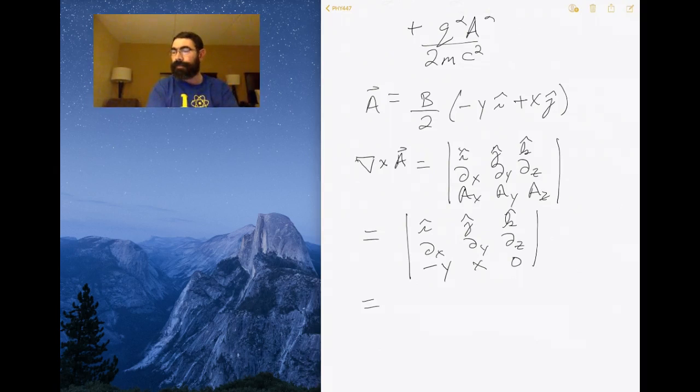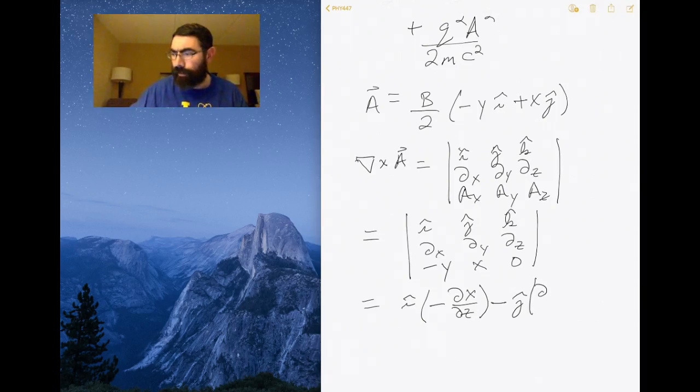So if we work that out, then in the i direction, we would have the derivative of y times 0, that's 0, minus the derivative of x in the z direction, minus in the j direction the derivative of y in the z direction, plus in the z direction the derivative of x with respect to x, minus a minus, that's plus, derivative of y with respect to y.